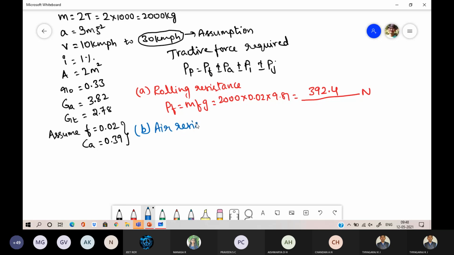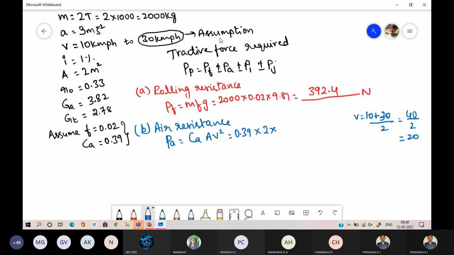Next, second one, air resistance. PA is equal to CA A V square. So CA we have assumed 0.39, and A they have already given. V we have to assume 10 plus 30 by 2, so 40 by 2, which is equal to 20.